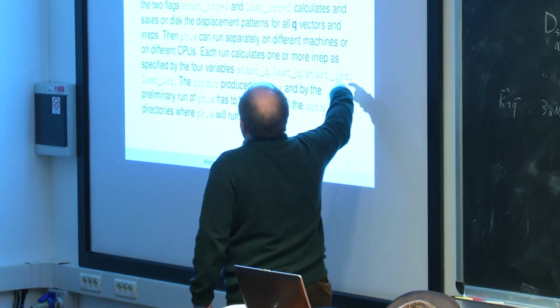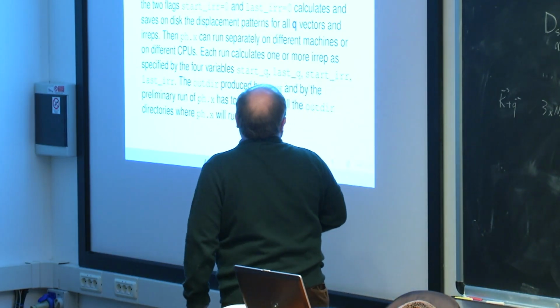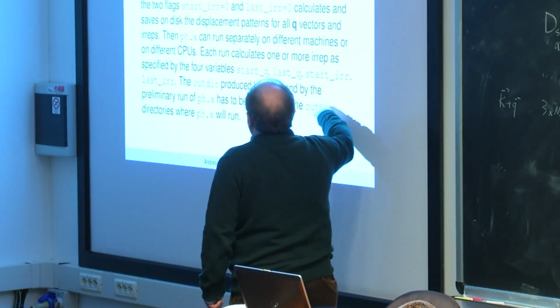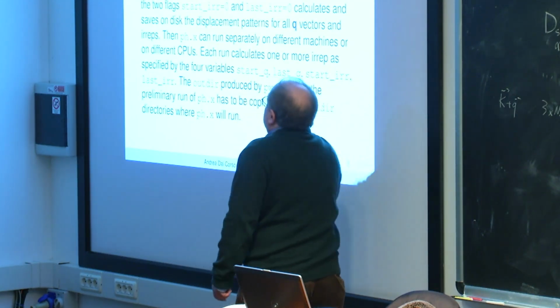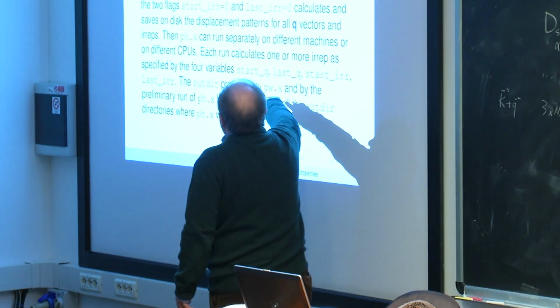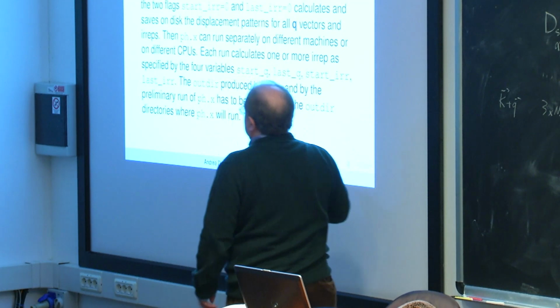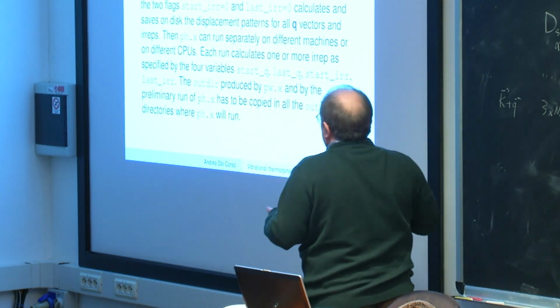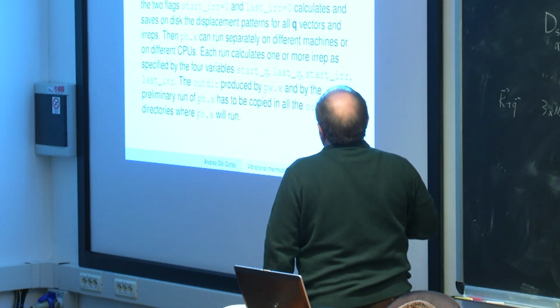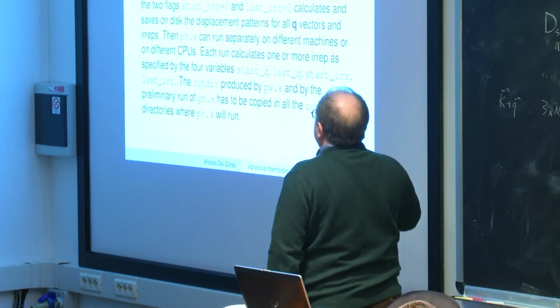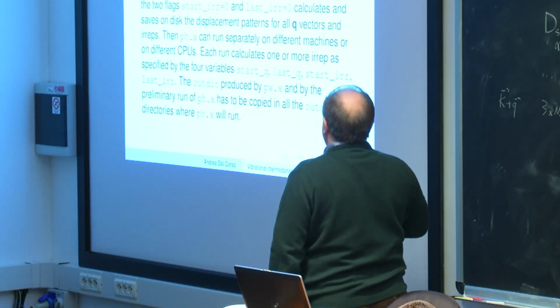You can do more than one in the same run, but I don't think it's very useful to do a few representations for a set of Q points. If you want to parallelize in this way, it is better to do one Q point and all the irreducible representations.